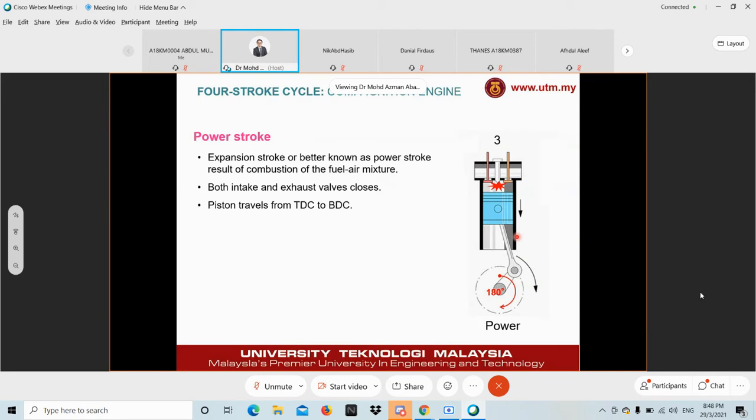And of course, the rest of the features in CI are more like the same as SI, apart from the different fuels being used. Of course, in SI you're using gasoline, ethanol, gasoline-based fuel, whereas in a CI engine you're using diesel fuel.